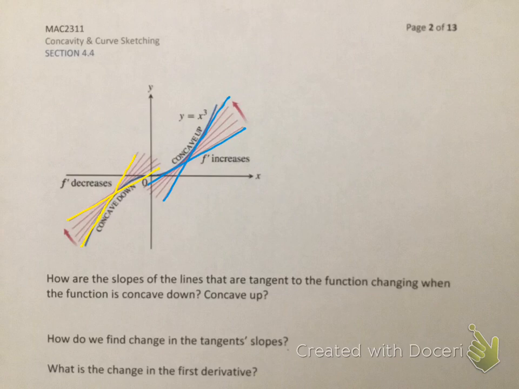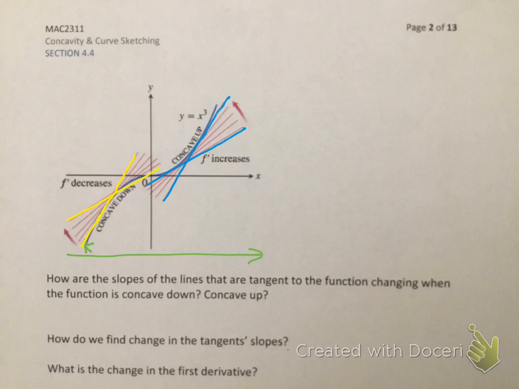Please remember several of your understandings of a derivative, one of which is the slope of a tangent line to a curve. So if I am looking at the tangent lines as they are drawn on the curve from the left side of the curve to the right side of the curve, this first tangent line is very steep.